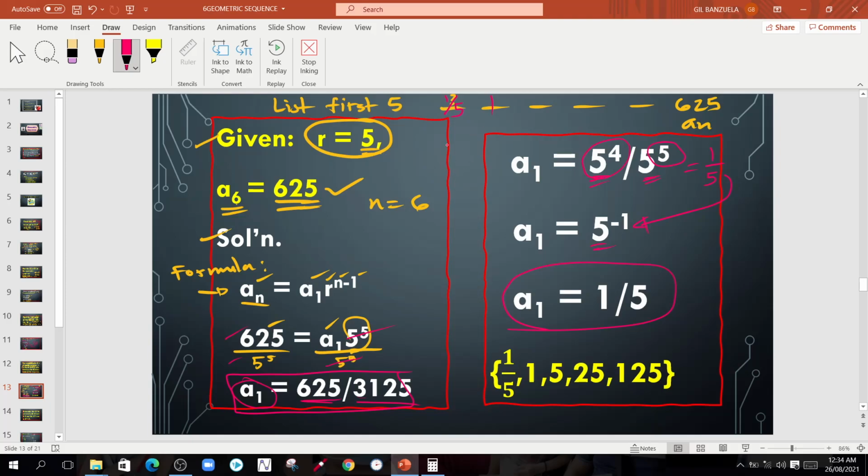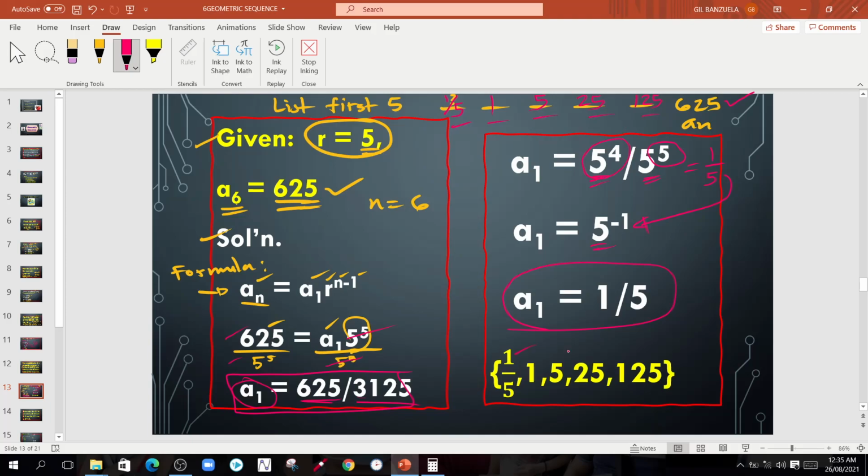Diba? O, 1/5 times 5. Then, 1 times 5, 5. Then, 5 times 5, 25. Then, 25 times 5, 125. Then, 125 times 5, 625. So, therefore, the first 5 elements of the sequence are 1/5, 1, 5, 25, and 125.